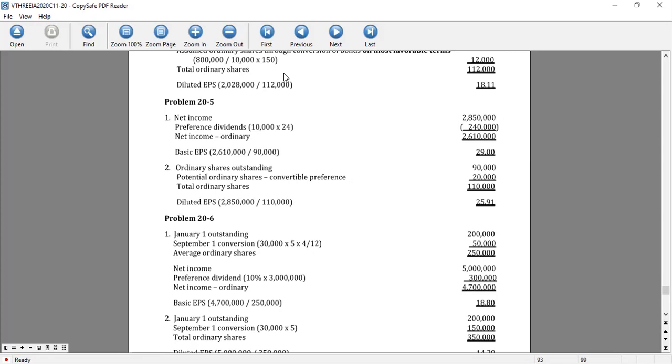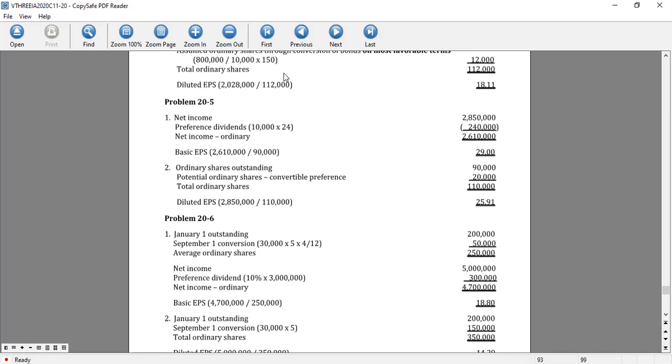So on January 1, the outstanding shares is 200,000. Then on September 1 conversion, we have 30,000 times 5 ordinary shares times 4 over 12. September to December. So the answer is 50,000. The average ordinary shares is total of 250,000.